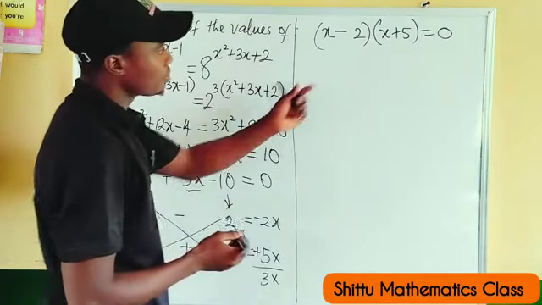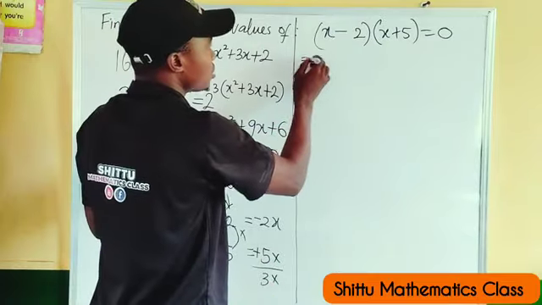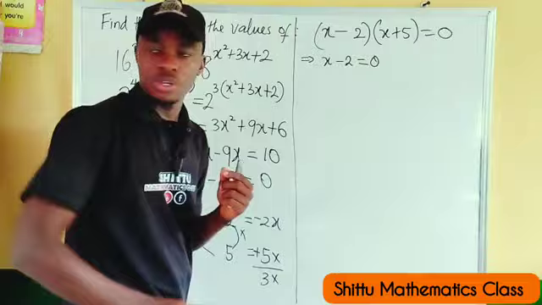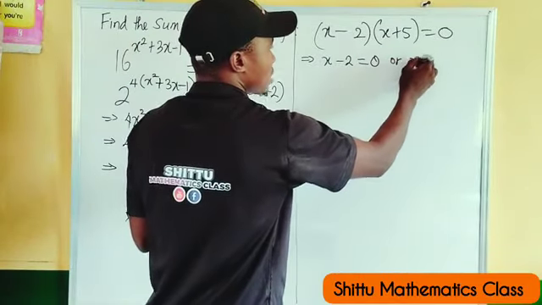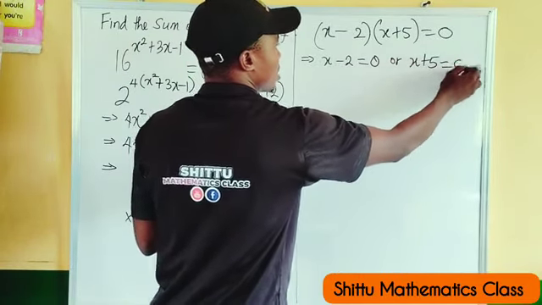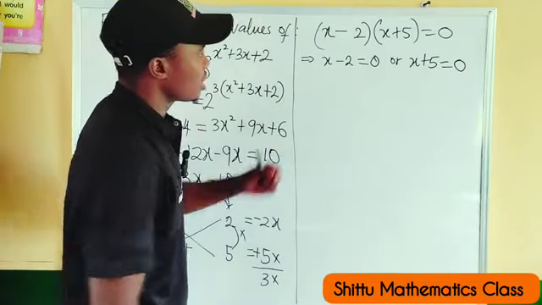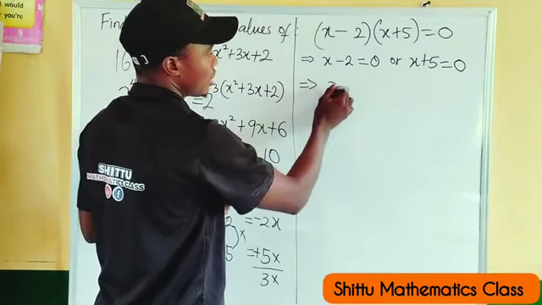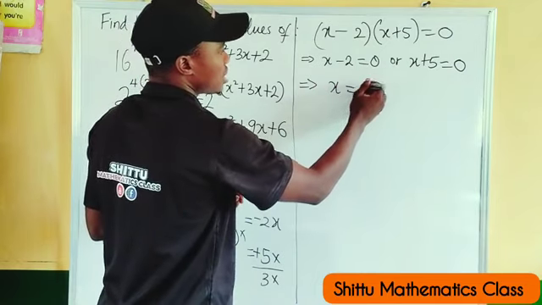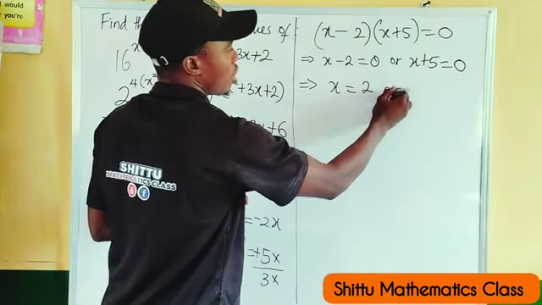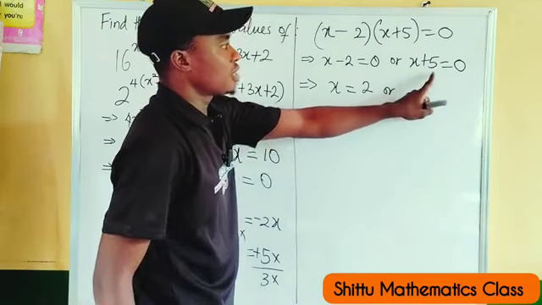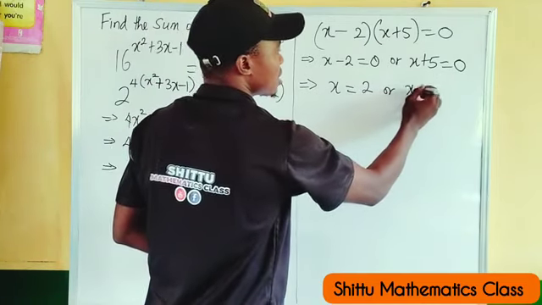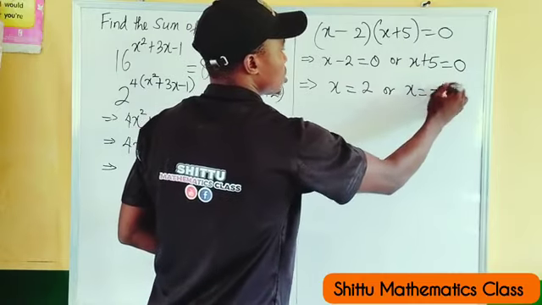So this can be x minus 2 equals to 0, or x plus 5 equals to 0. Now from here, if this minus 2 should go to the back, we are going to have x equals to 2. Or if this 5 should go to the back, we are going to have x equals to minus 5.